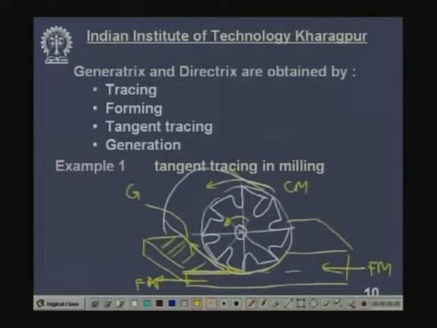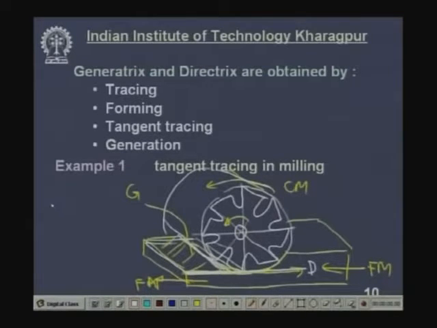Since it is a straight roller, this will be a straight line, but if it is a curved surface of a peculiar shape, then this will also be a non-straight curve. I am coming to that later on. Because of the feed motion this point is moving in this direction. This is the directrix. So, the result of this directrix and this generatrix is that this straight line moves gradually in this direction, resulting in this flat surface.